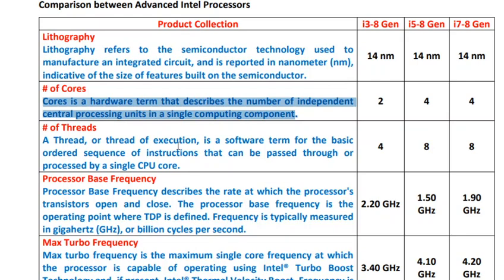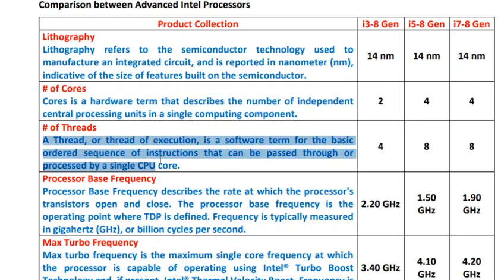Third, we have number of threads. A thread of execution is a software term used for a basic ordered sequence of instructions that can be passed through or processed by a single CPU core. A core may have multiple threads in it.